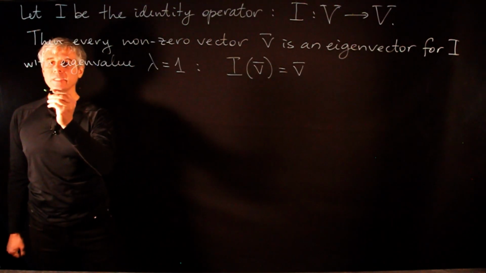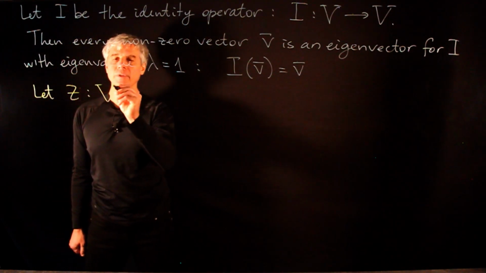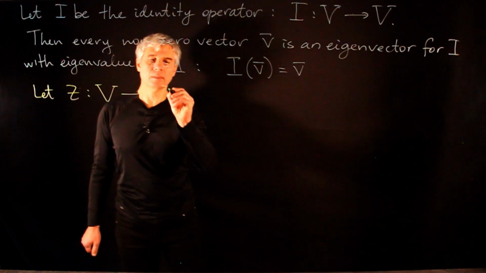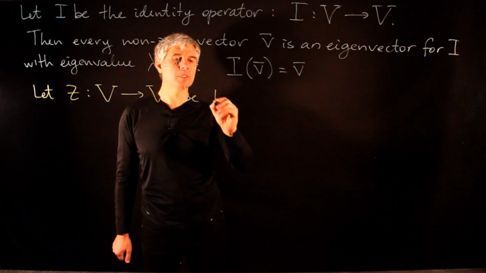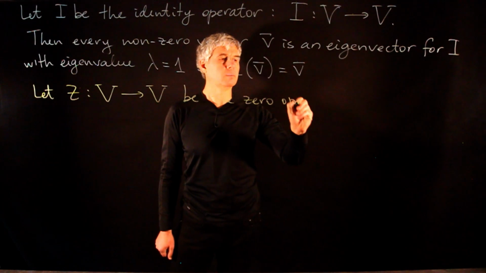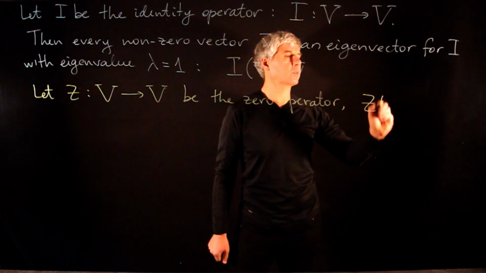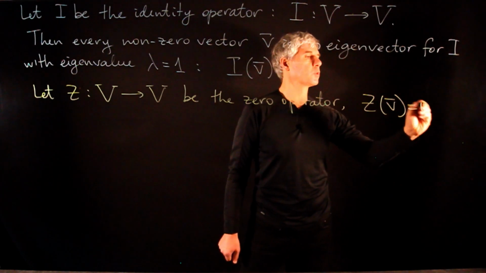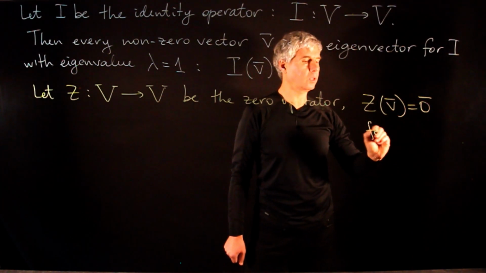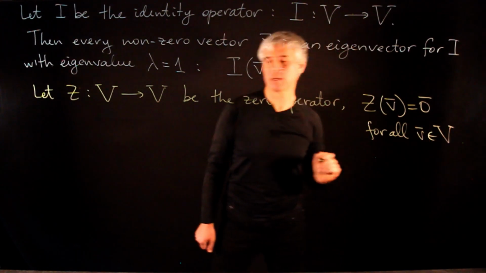And if we take a zero operator, so let Z from V to V be the zero operator, meaning that Z of V is equal to the zero vector for all vectors V in our vector space.